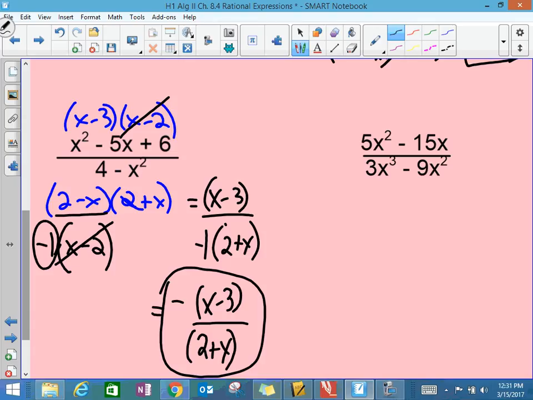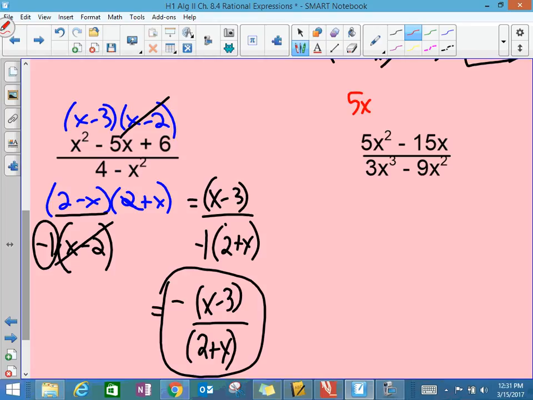Okay, let's try this next one. Looking at this, we want to factor. Caitlin, start there. How do we factor the top? Take out a 5 and an x, right?